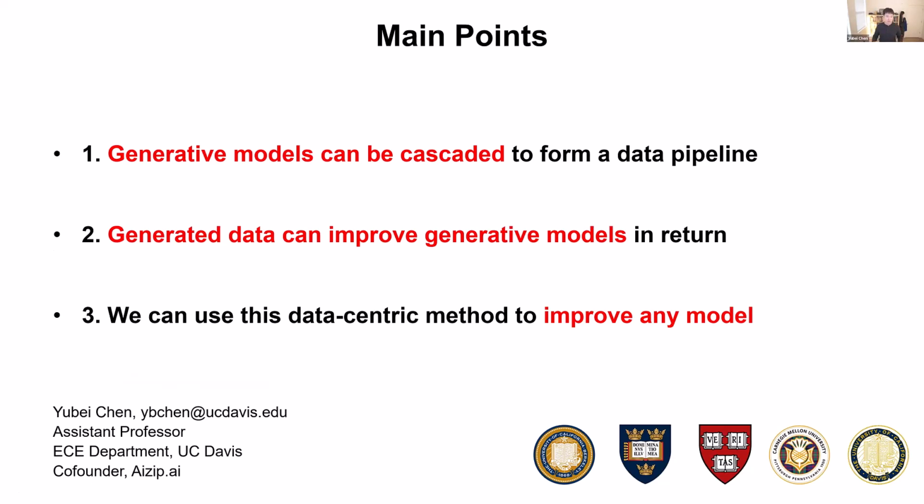We can use a collection of different generative models, harness their basic abilities, and cascade them to form our generative data pipeline. And then with the generative data, we can improve the generative models in return.